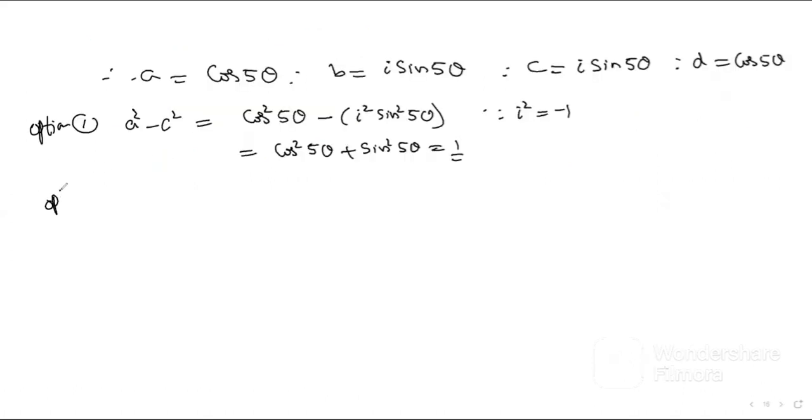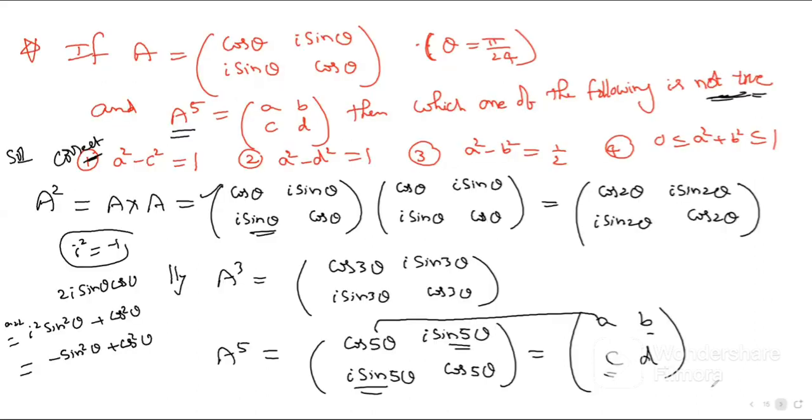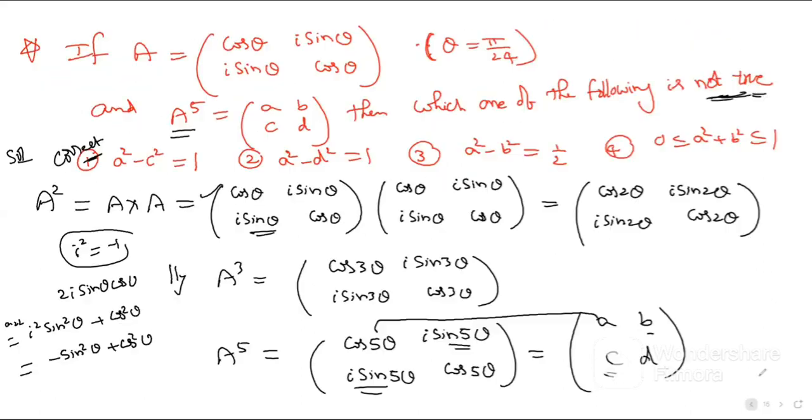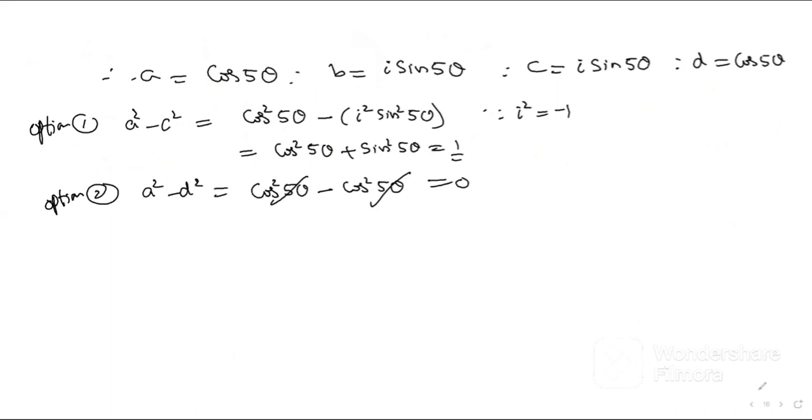Now let us take option 2: a square minus d square. A square is cos square 5 theta, and d square is cos square 5 theta. They cancel, and what we get here is 0. So a square minus d square is 0.